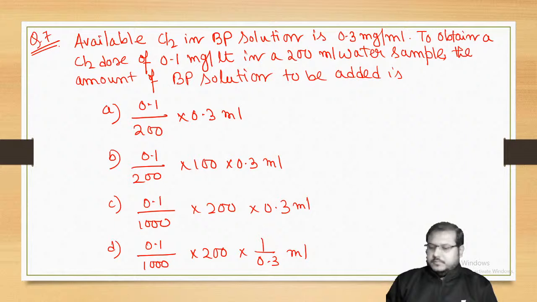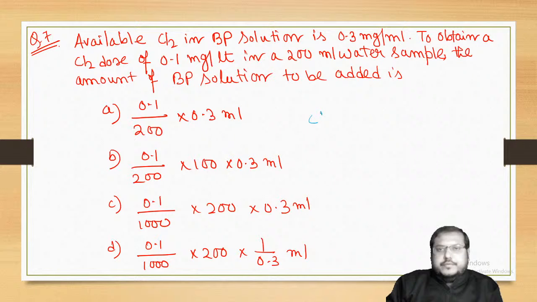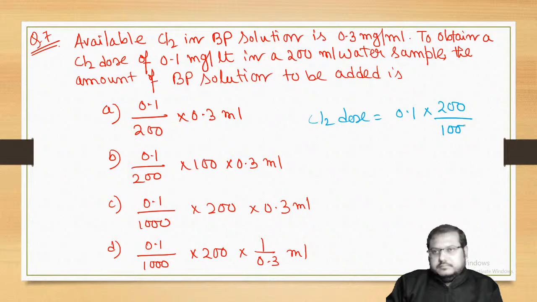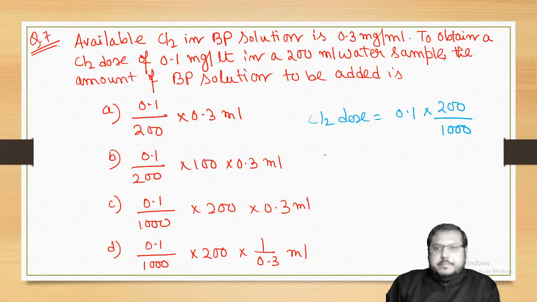So to solve this, you have to keep the options in your mind. So chlorine dose will be how much? 0.1 milligram per liter into 200 ml by 1000. And what will be the bleaching powder dose?